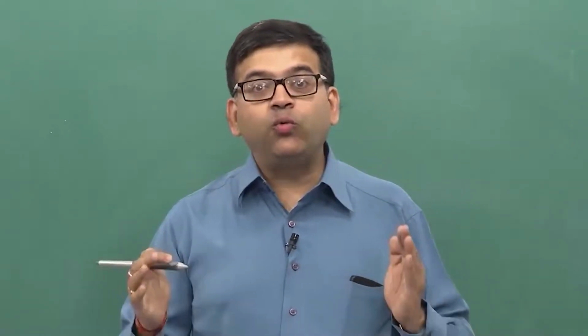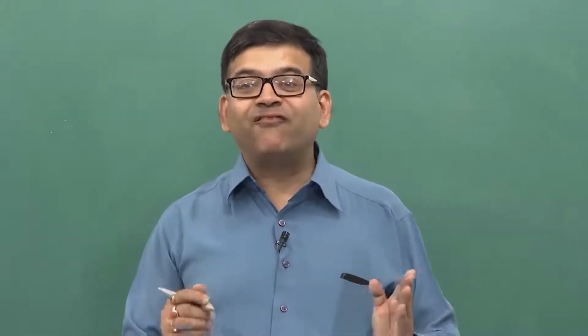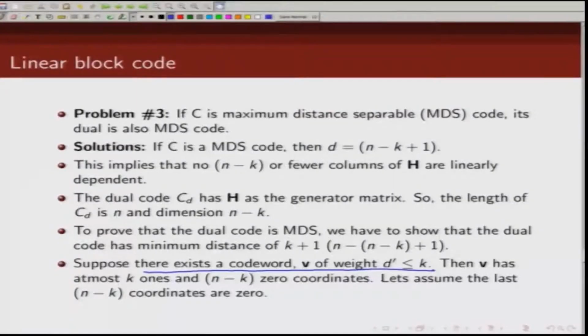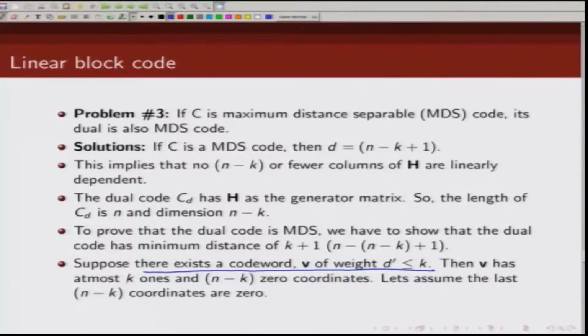That the code word v will at most have k ones. Our code word v is an n-bit code word. Out of this, at most k bits are 1, so the remaining n minus k bits are 0. So, we can at most have k ones and n minus k or more bits are 0.